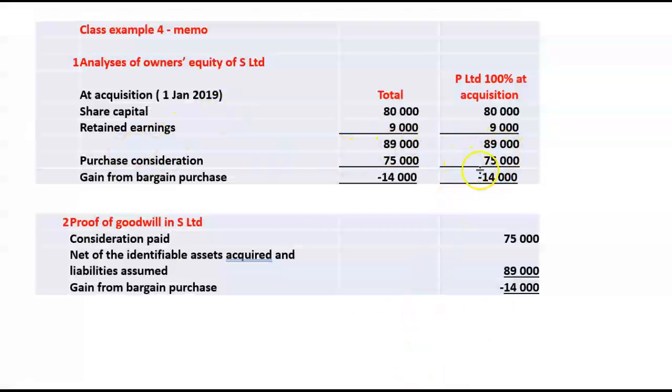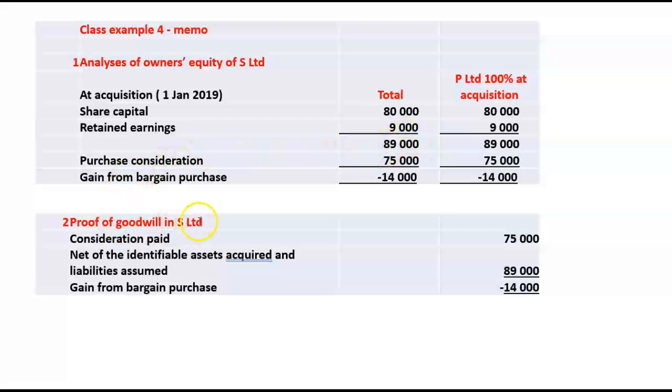So he paid less than the total net asset value of S Limited. Because he paid less, there is now a gain from a bargain purchase. So the amount that he paid for these 80,000 shares is less than the total net asset value of the company.